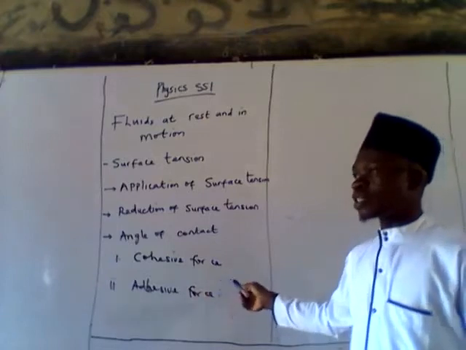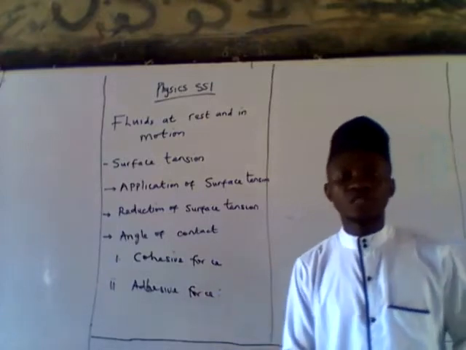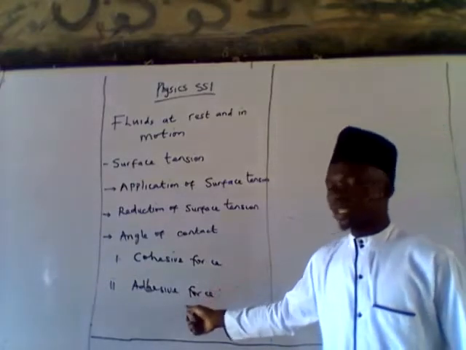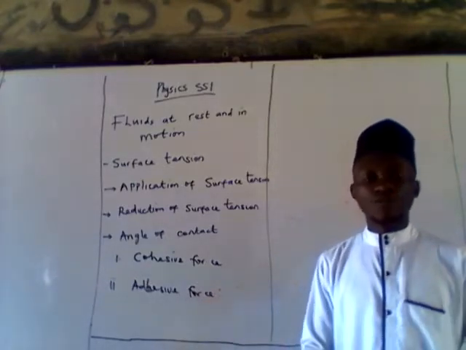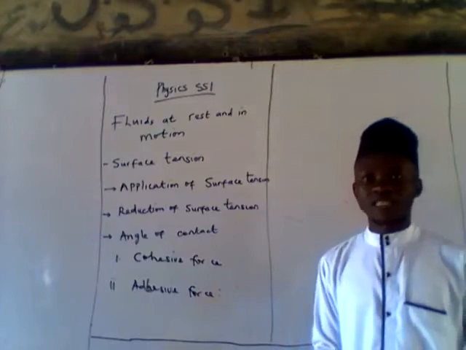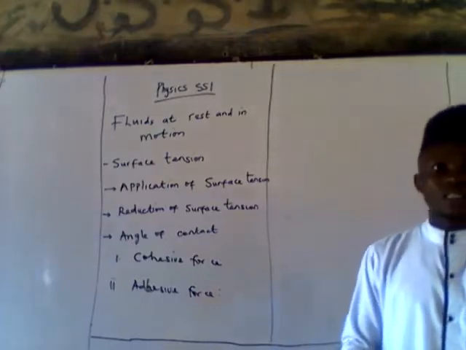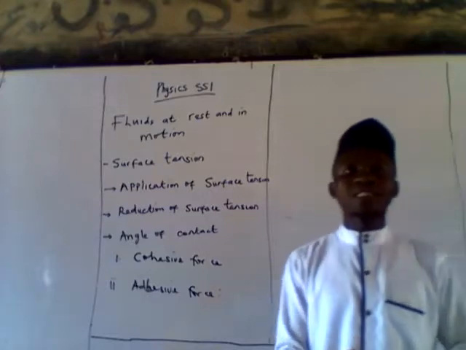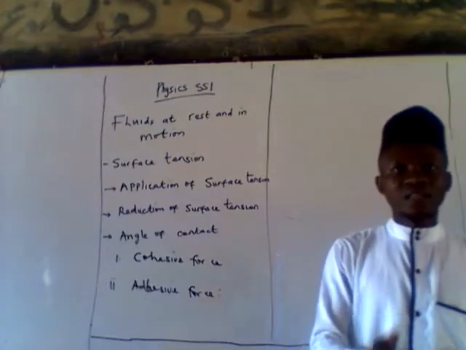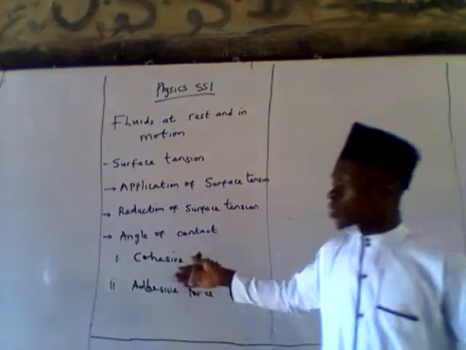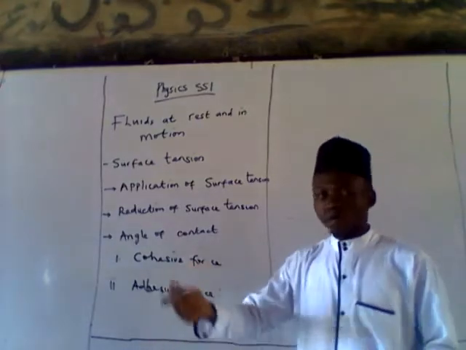A cohesive force is a force between molecules of the same substance, while an adhesive force is a force acting between molecules of different substances. Practically, when we have a glass containing water, you will see some molecules of water clinging along the glass.